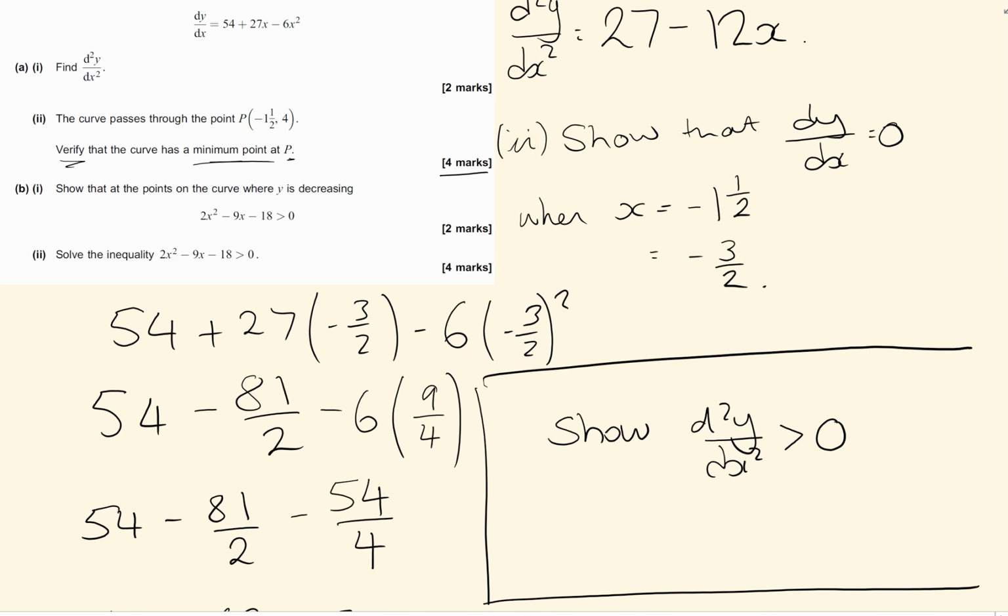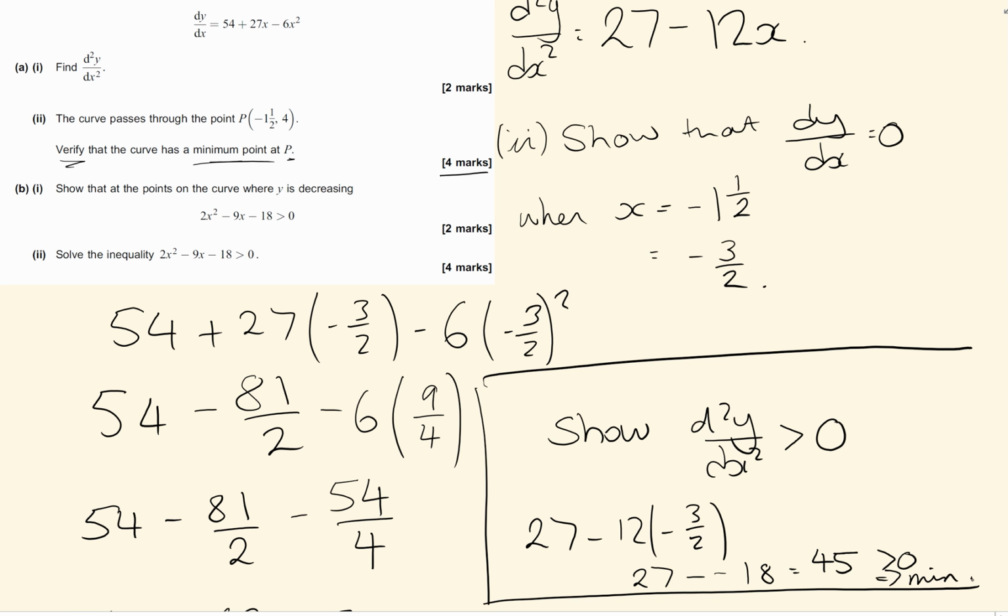I'm going to put minus 3 over 2 into there: 27 minus 12 lots of minus 3 over 2. So 12 times 3 divided by 2 is 36 over 2, which is 18. So I do 27 minus 18, which is a positive number, 45. Now that is positive, and therefore it's a minimum.